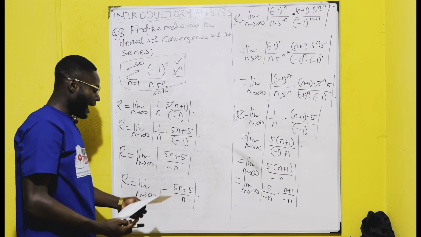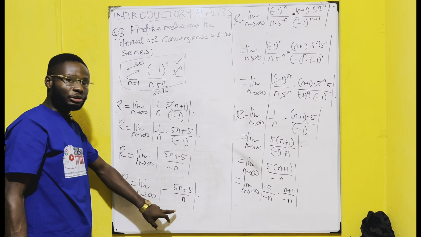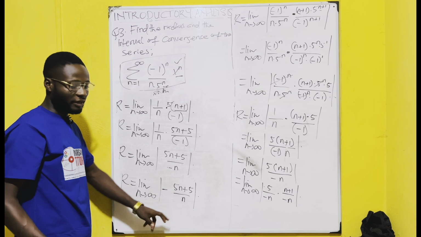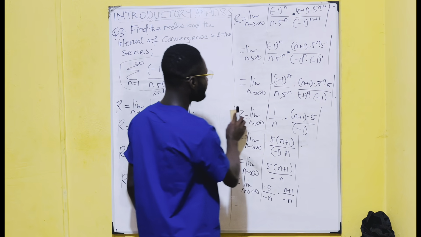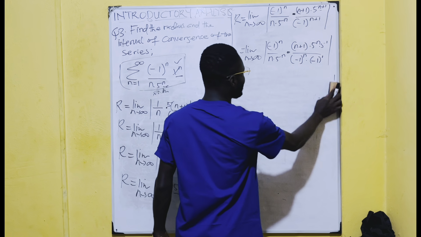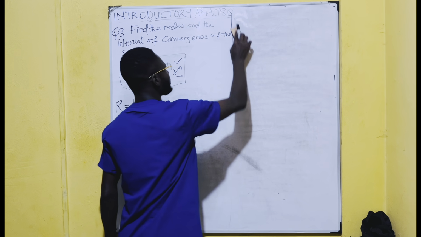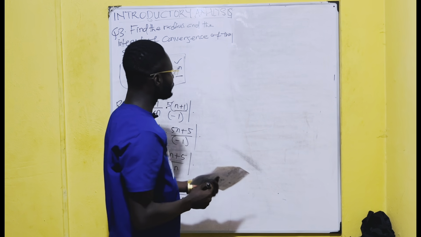Right? So at this point, we can just remove the absolute value. When we remove the absolute value, then we can now have a positive result.